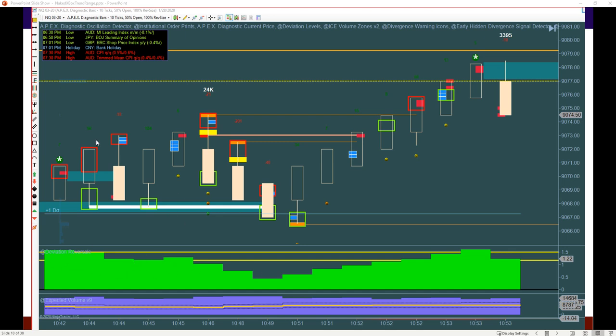Now, what do I technically have right here? I have an X box, exhaustion box, and I have trapped orders, but it's a down close bar, which would mean I'd want to go short. Can I go, or should I go short right now? No. Why? I mean, it had an exhaustion box, it had a trapped order, the bar closed.